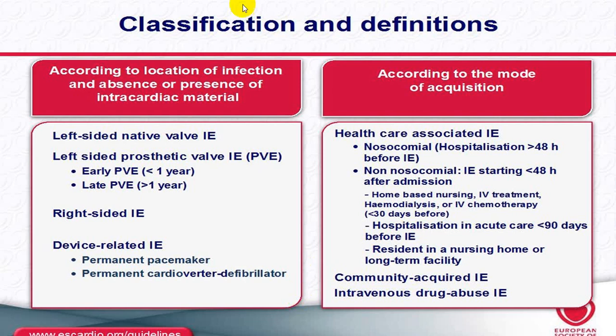We already mentioned left side, right side, and device related. You can have a pacemaker, cardioverter, etc. And according to the organism, nosocomial, non-nosocomial, or community acquired infection, and intravenous drug abuse.